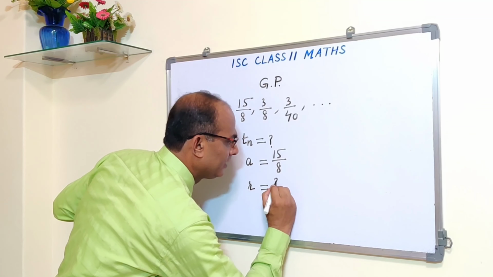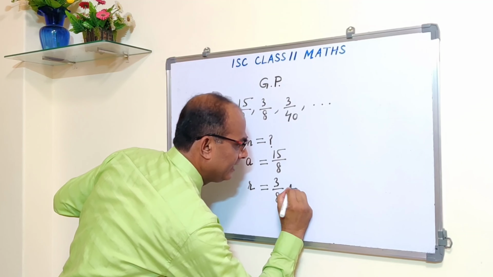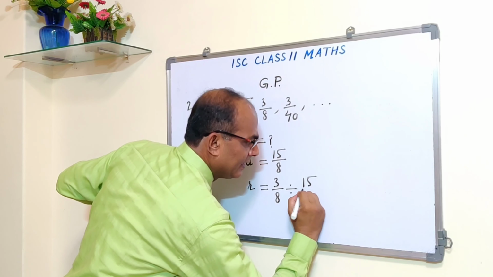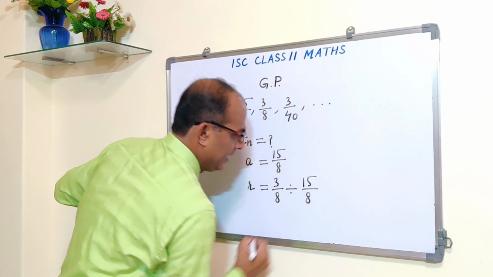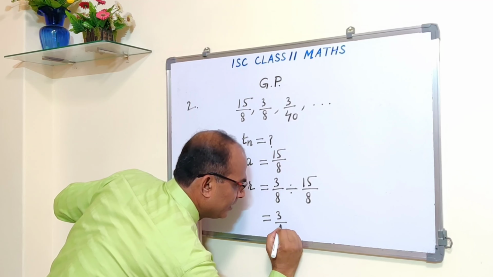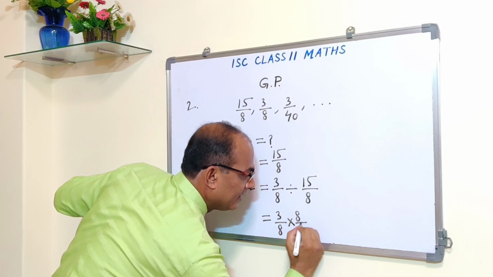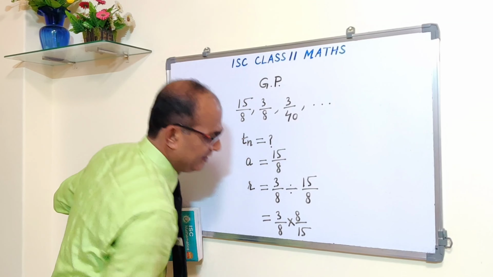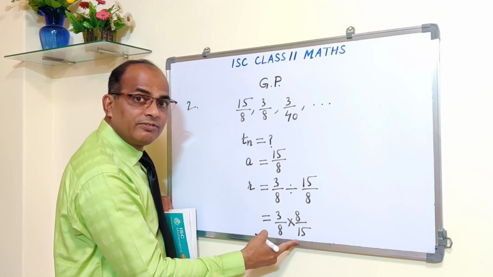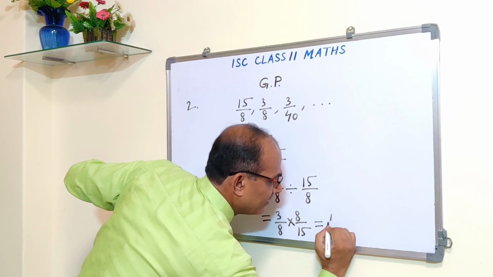So 3 upon 8 divided by 15 upon 8. And this gives you 3 upon 8 into 8 upon 15. 8 cancels with this 8. 3 5's are 15, 3 1's are 3, so you are getting 1 upon 5.